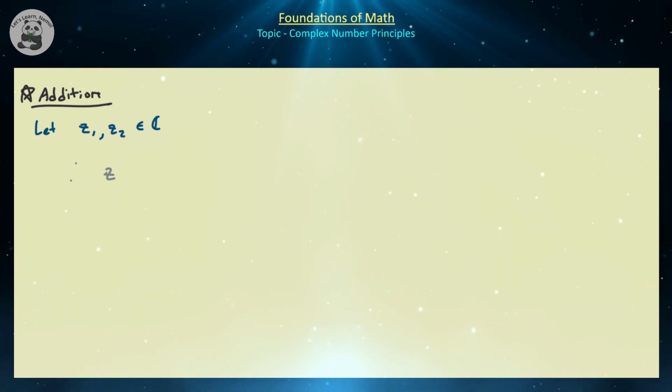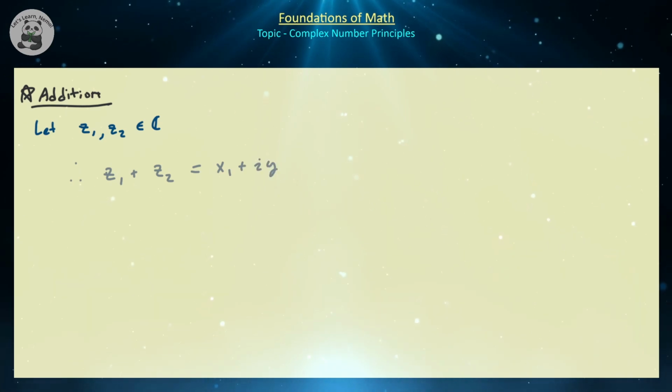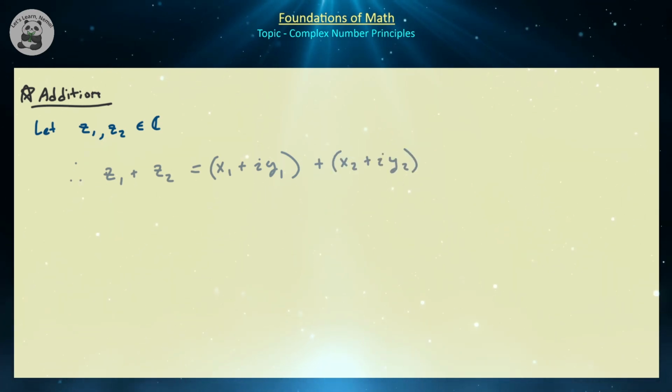So z1 plus z2, where plus is the typical addition, hopefully inherited from the set of real numbers, would be, for example, x1 plus i y1, where x1 and y1 are the real and imaginary parts of z1, plus x2 plus i y2, where x2 and y2 are the real and imaginary parts of z2. So what should we define this operation to be?